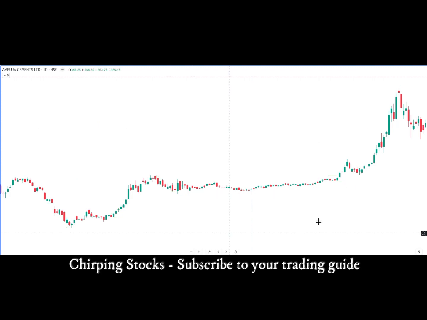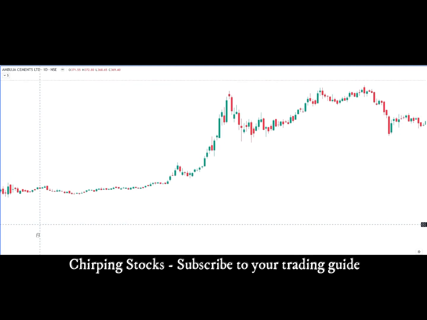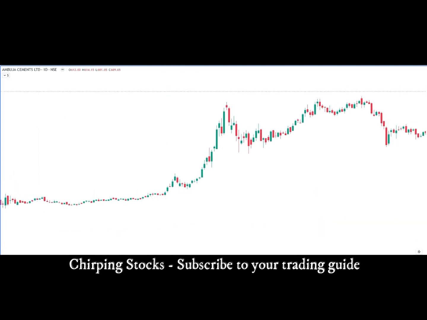Afterwards, a breakout came in this region. In that breakout, this candle confirmed it. You can see a small retest of this region also.